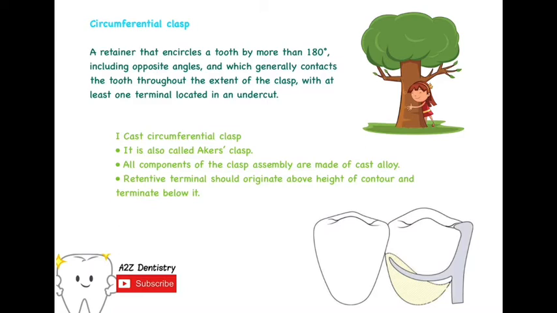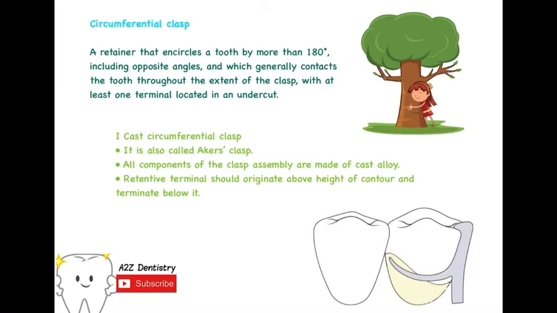It also includes the opposing angles which generally contact the tooth throughout the extent of the clasp, and it has at least one terminal located in an undercut. The main function of our clasp is to engage an undercut, only then will it provide retention, right? So this circumferential clasp encircles the tooth around 180 degrees or even more, and via this it will provide us the retention.